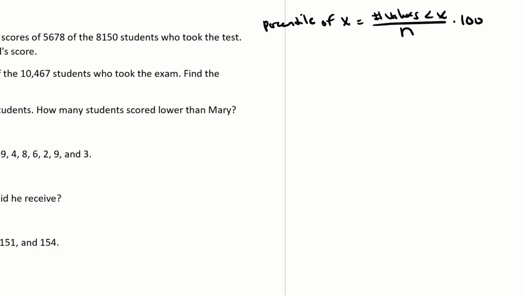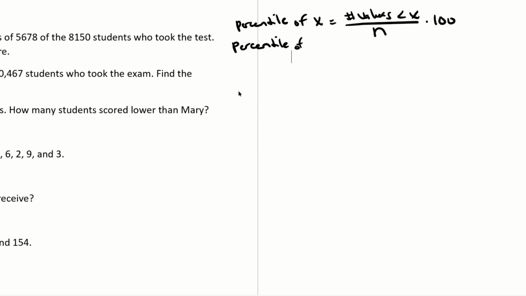Okay, so for Mitchell's score, percentile of 455, Mitchell scored a 455, and it says that that is higher than 5,678 of these 8,150 students. So this is my n, and this is the number of values.